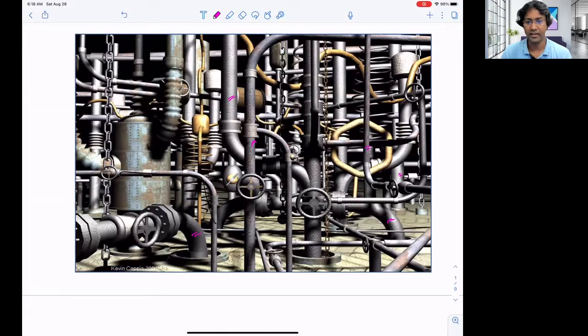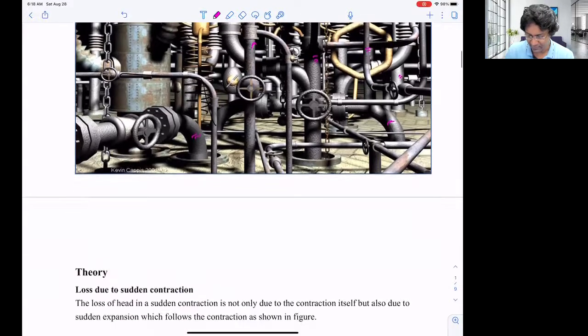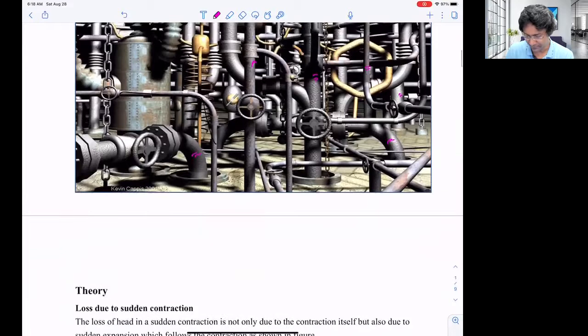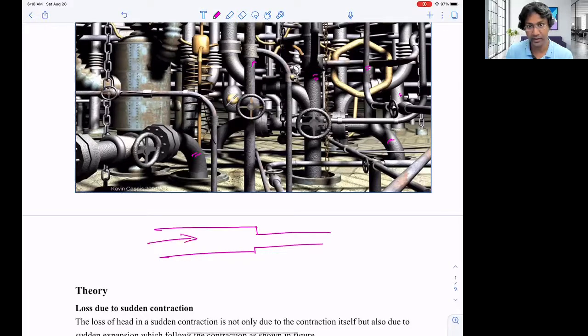So here we can see the pipes are connected with another pipe. That one, the smaller diameter pipe, is suddenly changing its diameter, right? Either it is contraction or expansion depending on the direction of the flow. For example, we have a pipe here, right? And we have this smaller diameter pipe. So what will happen if the liquid flows from left to right?